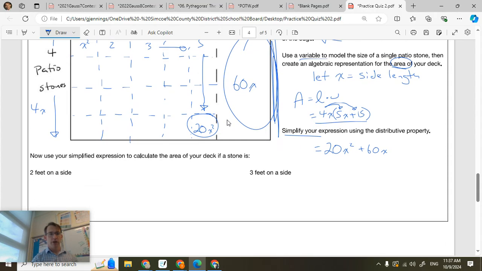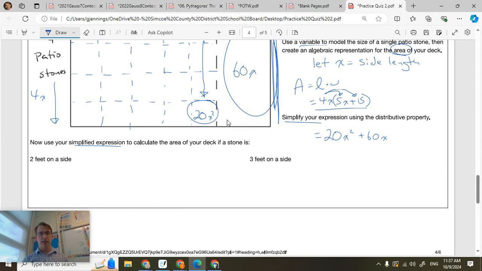Okay, now use your simplified expression to calculate the area of your deck if a stone is 2 feet on a side. So that means x equals 2. Okay, this is 2, 2, 2, 2, 2. All right, so if x is equal to 2, then 20x squared plus 60x is going to be equal to 20 times 2 squared plus 60 times 2. 2 squared is 4.